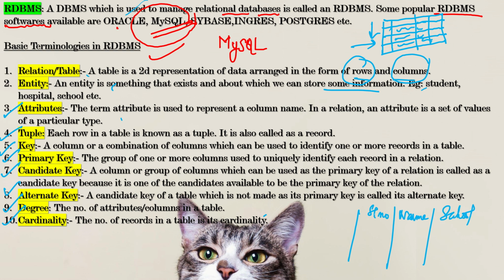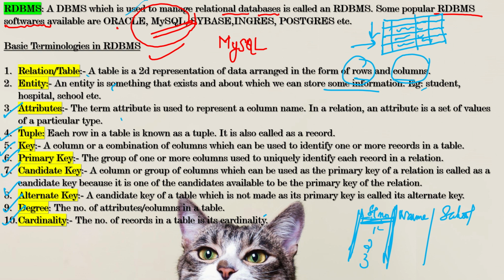Okay, so the term attribute is used to represent a column name. So, serial number is used to represent the name of a column. Here 1, 2, 3, this is the serial number, this is my data. So, this data comes under serial number, and serial number here is the attribute because it is used to represent the column name. And in a table, an attribute is a set of values of a particular type.